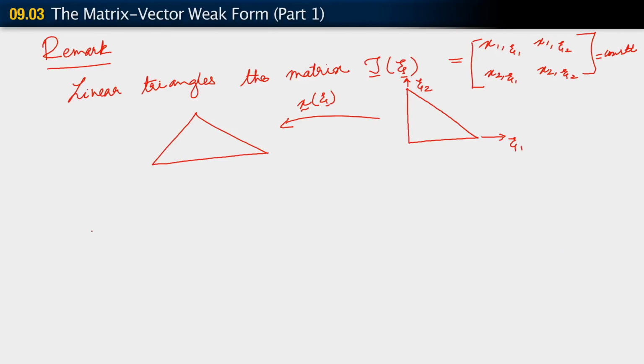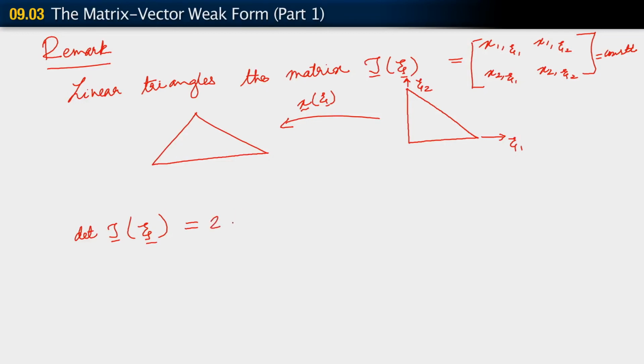And in fact, not only that, but a further simplification is the fact that the determinant of JC in this special case, only for linear triangles, turns out to be... can you deduce what it's going to be?